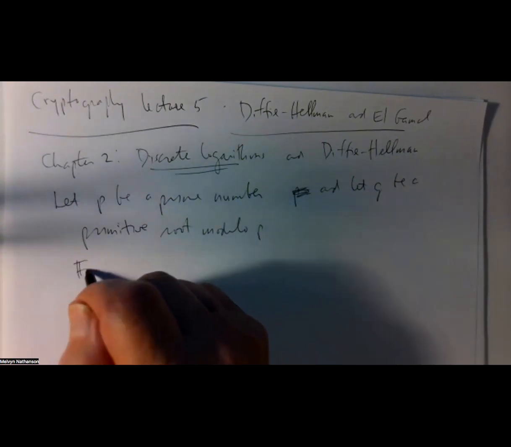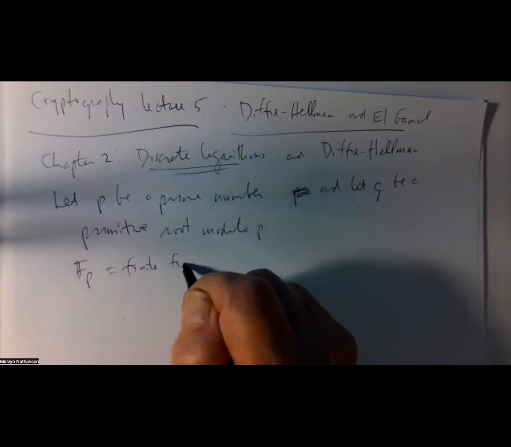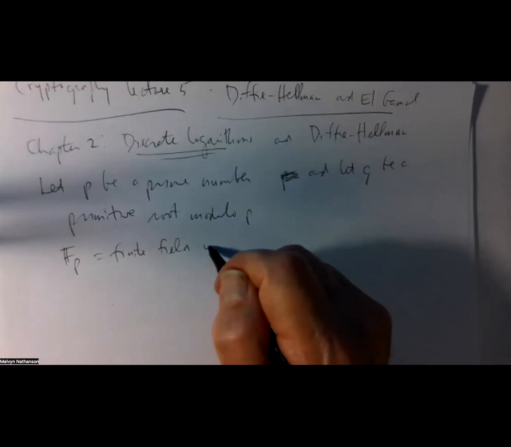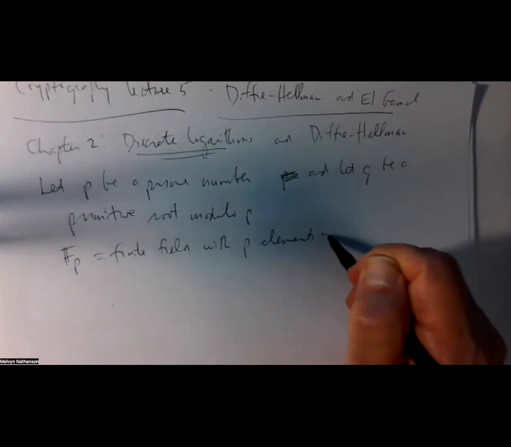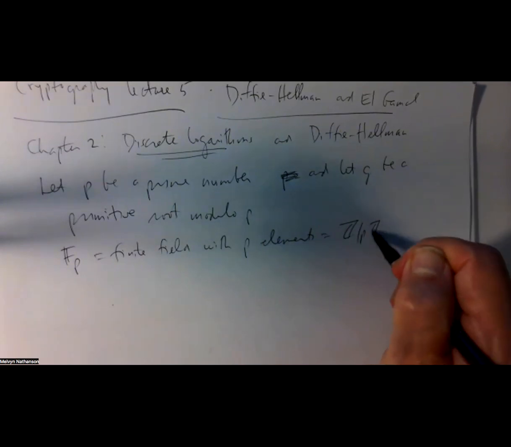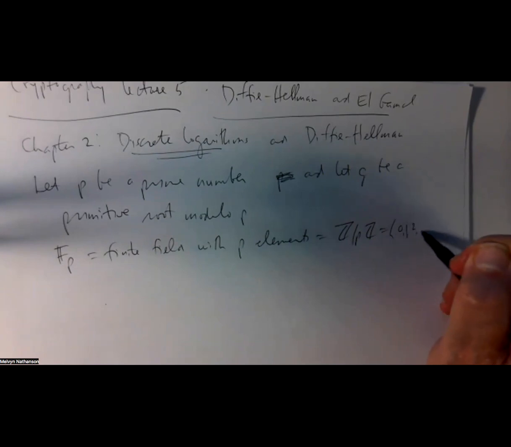That means if we look at FP, which is the finite field with P elements, or Z mod PZ, the set of congruence classes mod P.